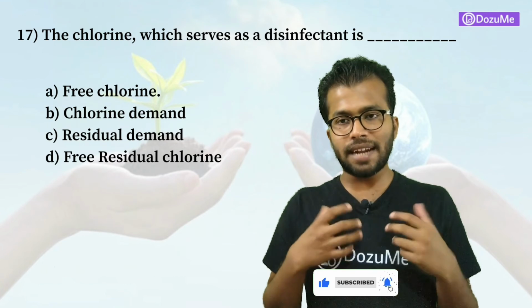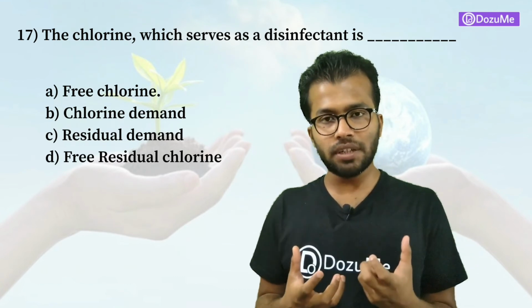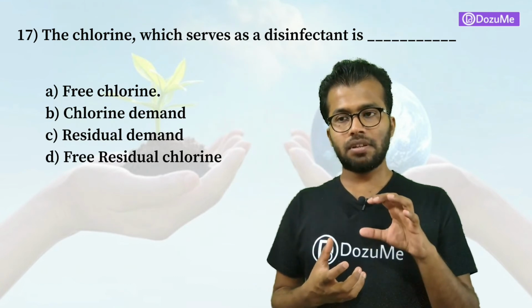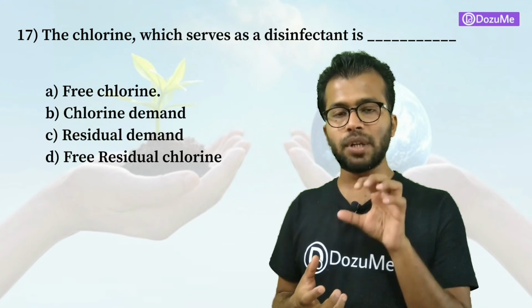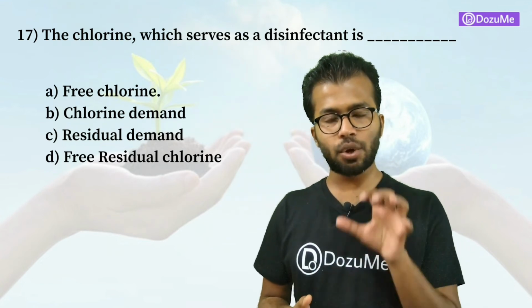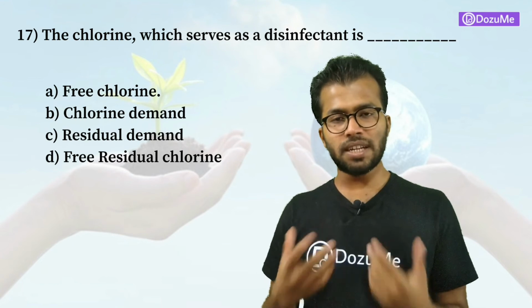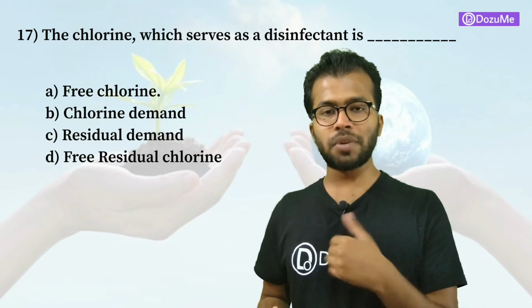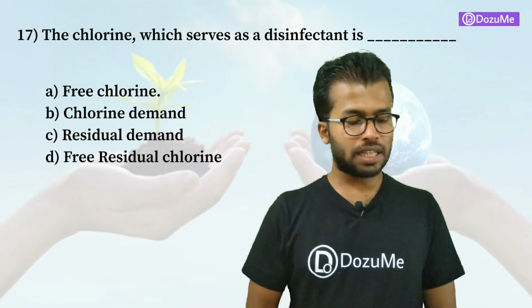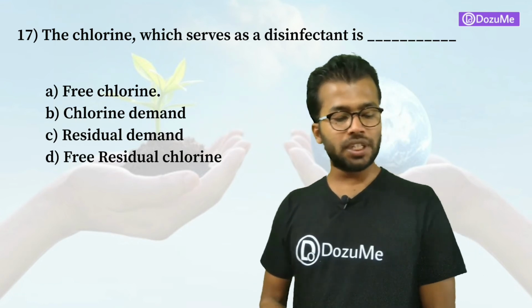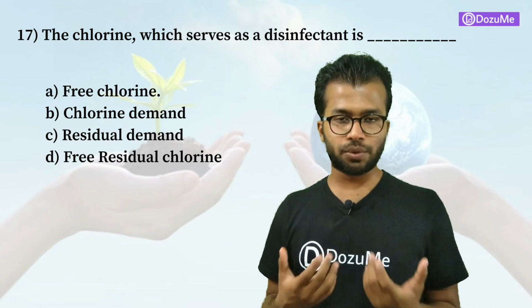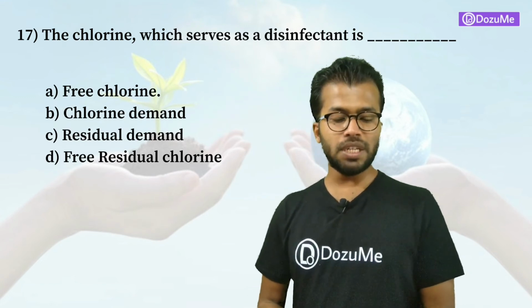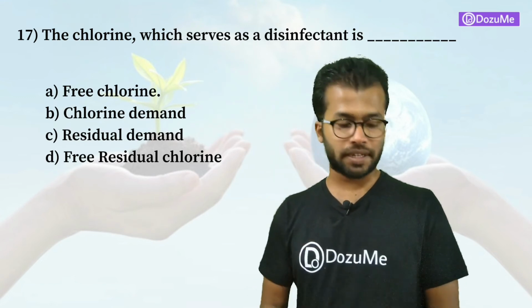Chlorine demand is that amount of chlorine which is required for complete purification of that water. You can easily identify the amount of applied chlorine and subtract the residual chlorine, so you will easily get the amount of chlorine demand. So option D will be the correct answer. Free residual chlorine will be the answer, which serves the purpose of disinfectant.